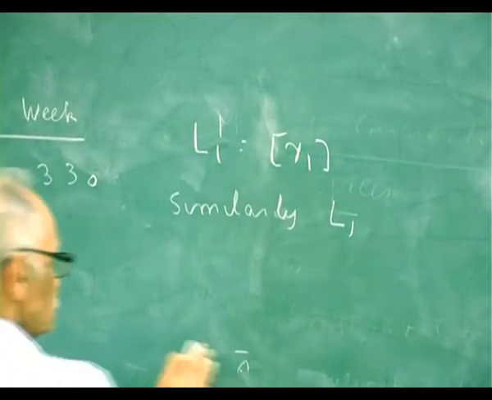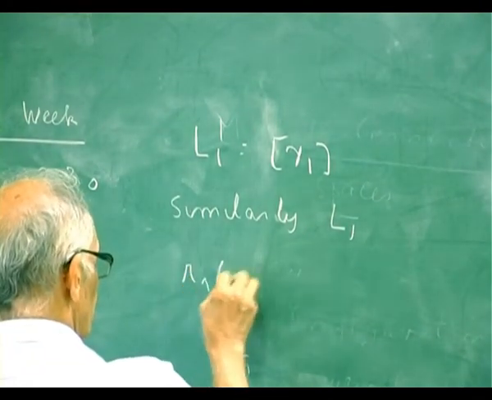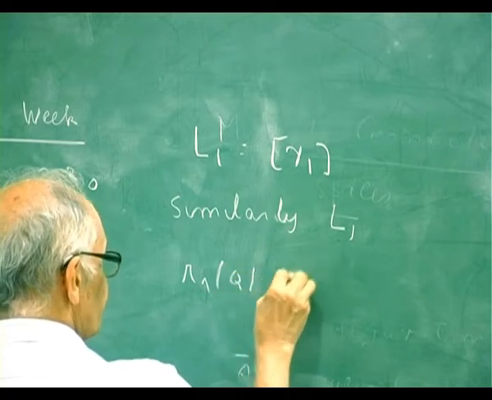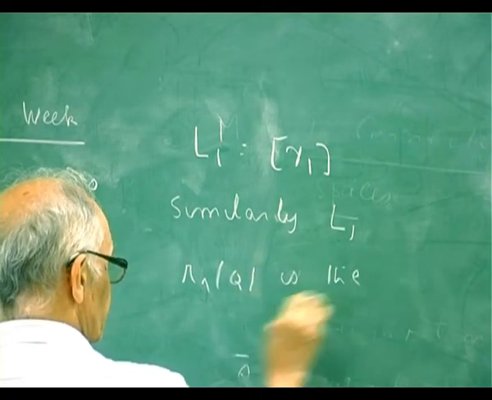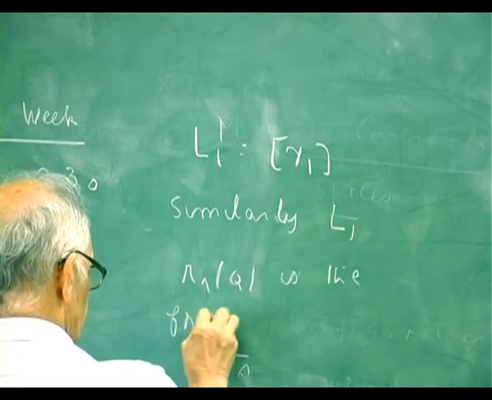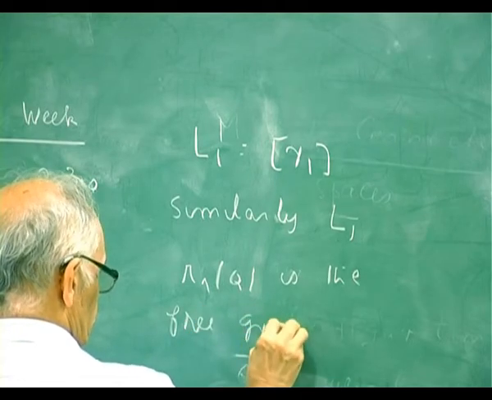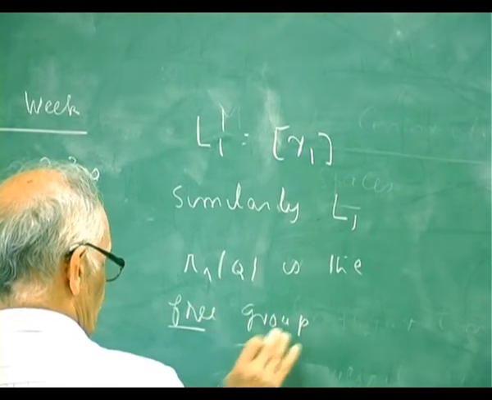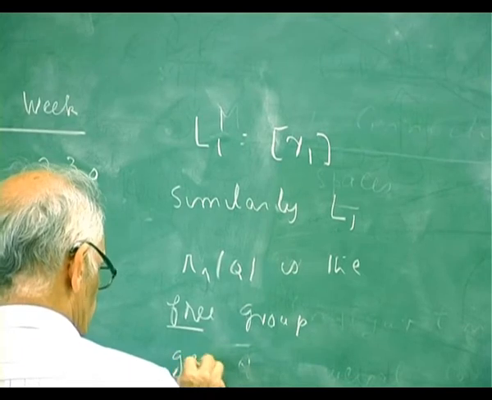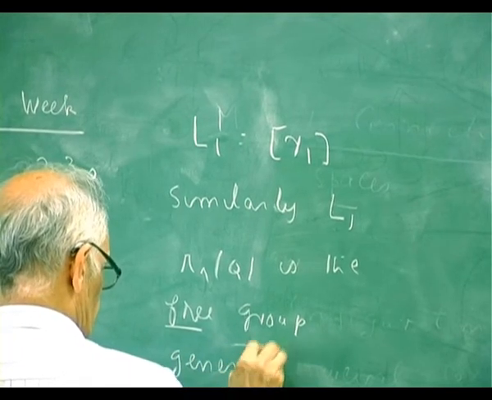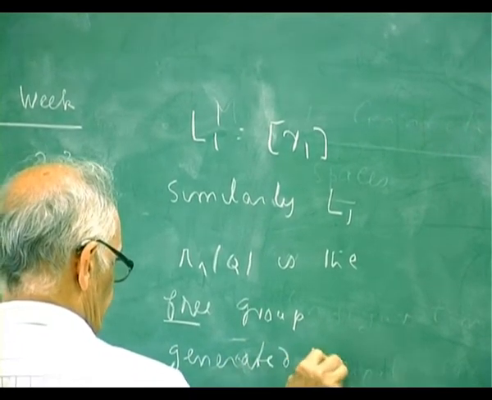Then π1 of Q is a free group. You know what I mean by it. Generated by the Li.